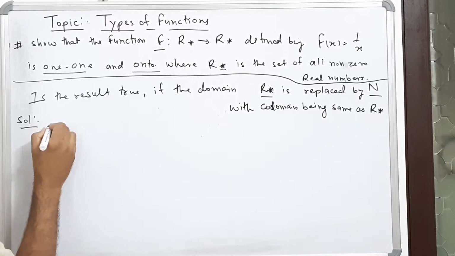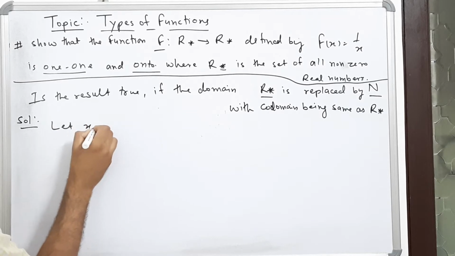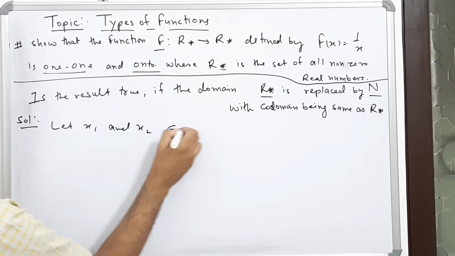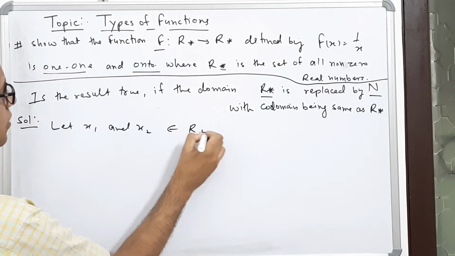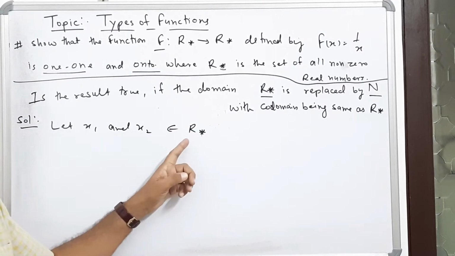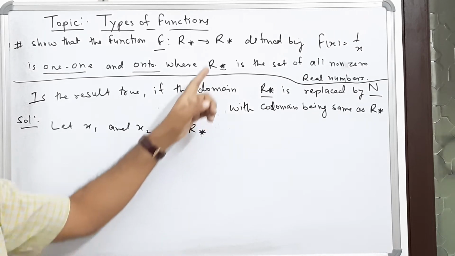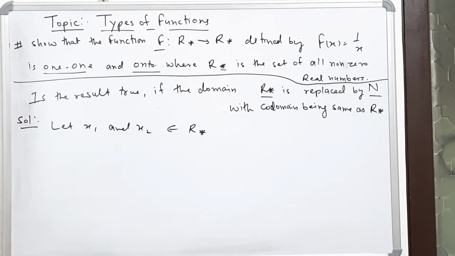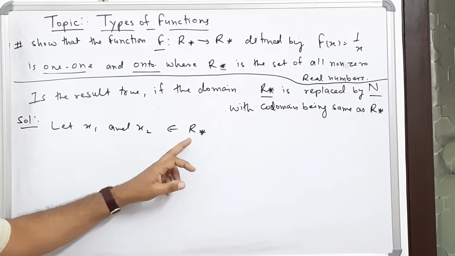Now let x1 and x2 belong to this first set, that is non-zero real numbers, the domain part first. So let x1 and x2 belong to this R star.